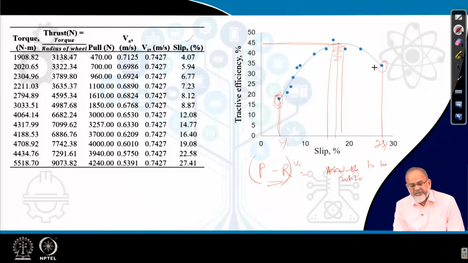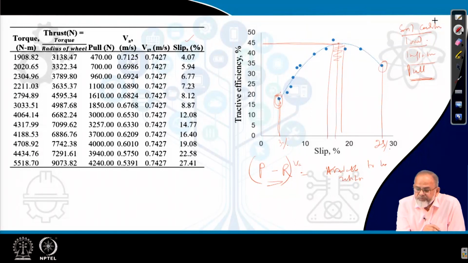Tractive efficiency is a parameter that varies with so many operating parameters like soil condition, then the load coming on the wheel, then the inflation pressure, and then pull. If soil condition is hard, for the same pull we will develop more tractive efficiency or more power.